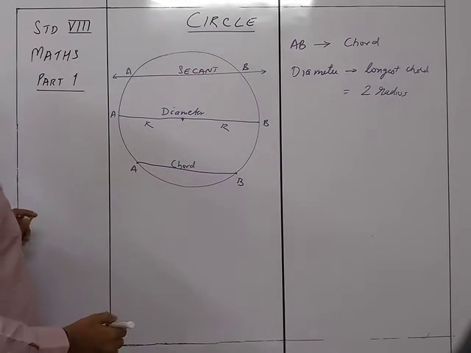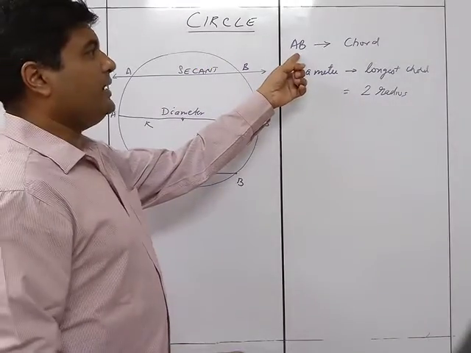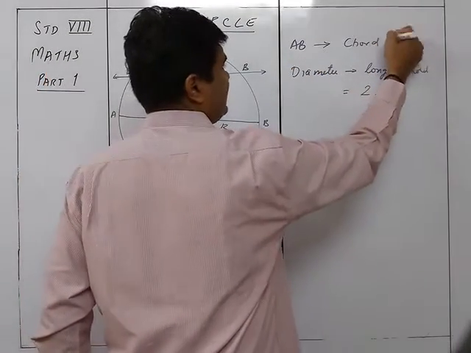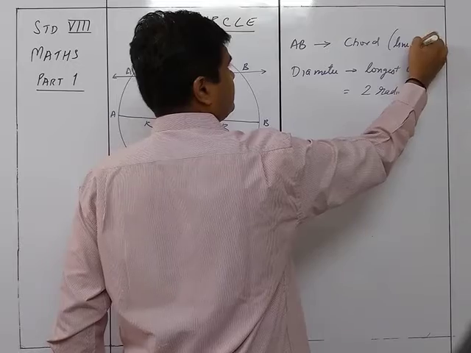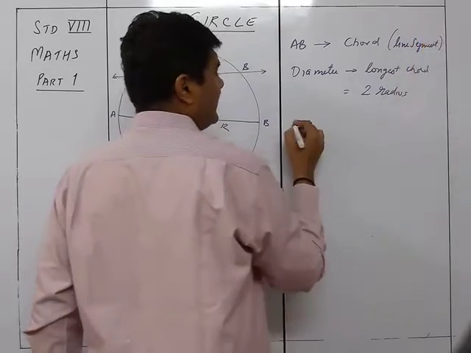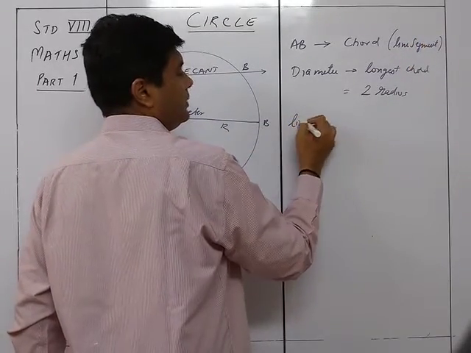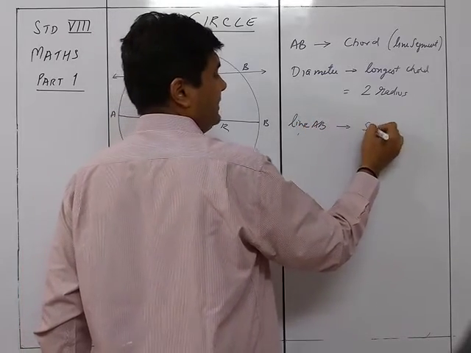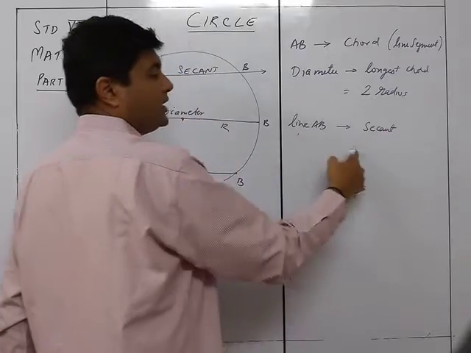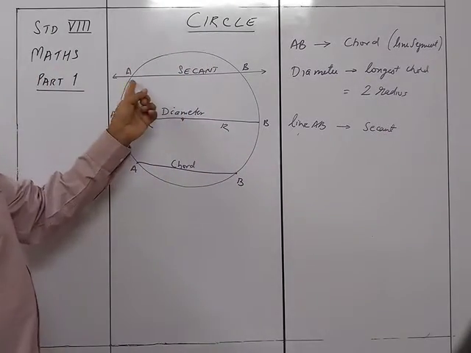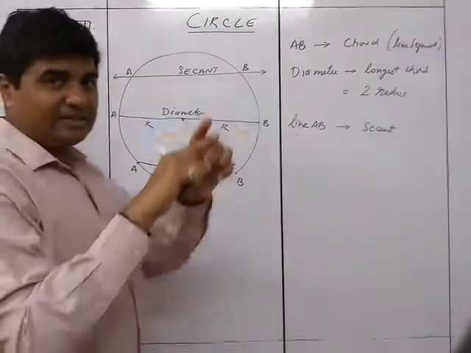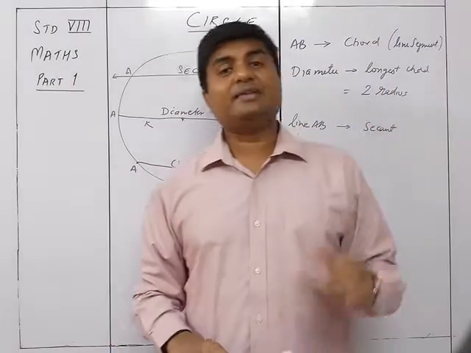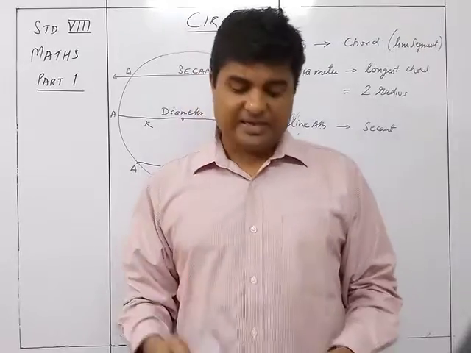Okay, so a segment is a chord, this is a line segment, whereas a line AB will be a secant. Okay, this is not a segment, it is a line, so it is extended on both sides, so that's why it's a line. So a line segment is a chord, whereas a line is a secant.